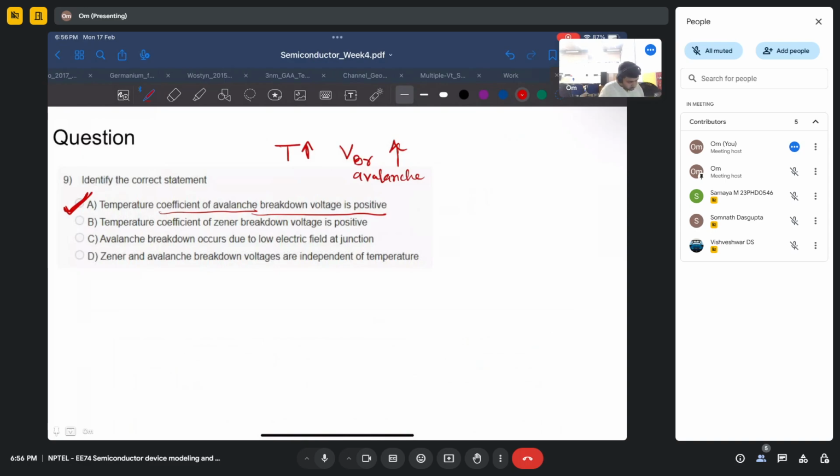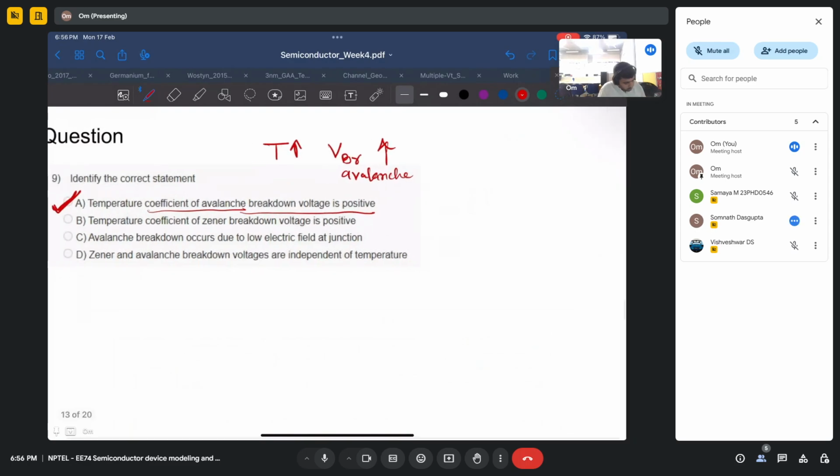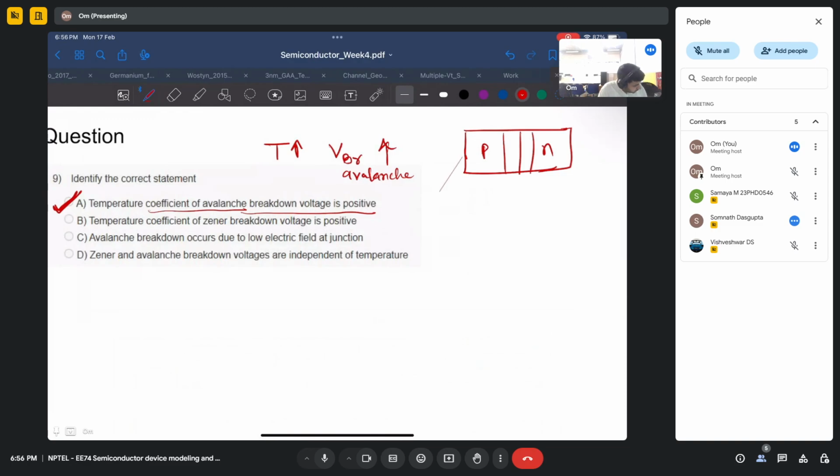Both of these breakdowns, avalanche or Zener, happen in reverse bias conditions. What we have is a PN junction diode, this is P, this is N, and let's say this is reverse biased with VR.